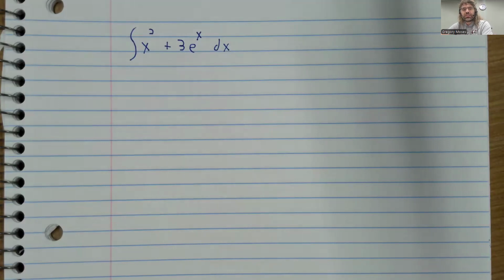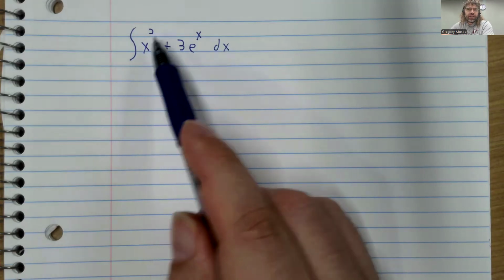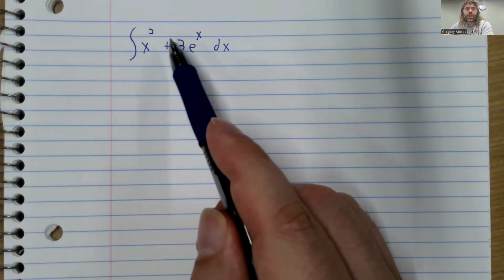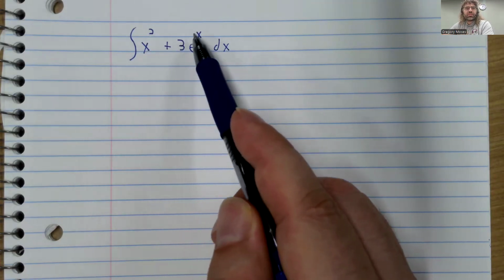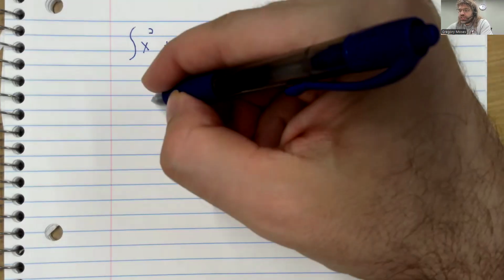So the sum rule says that if we're integrating a sum, in this case, x squared plus 3 times e to the x, we can just integrate those separately.